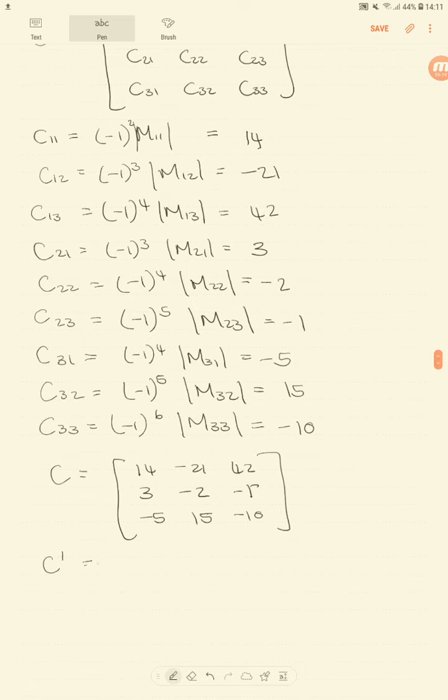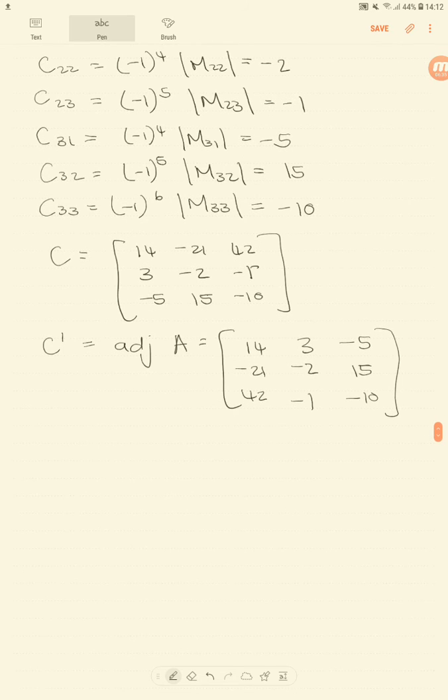We know that the transpose of C is the adjoint of A. So it's 14, minus 21, 42, 3, minus 2, minus 1, minus 5, 15, minus 10. This means the inverse of matrix A is 1 over 35 times the adjoint of matrix A.